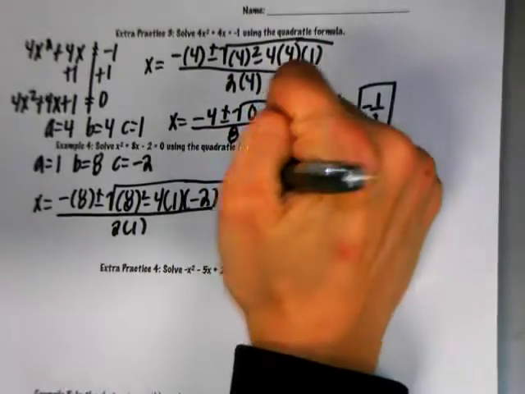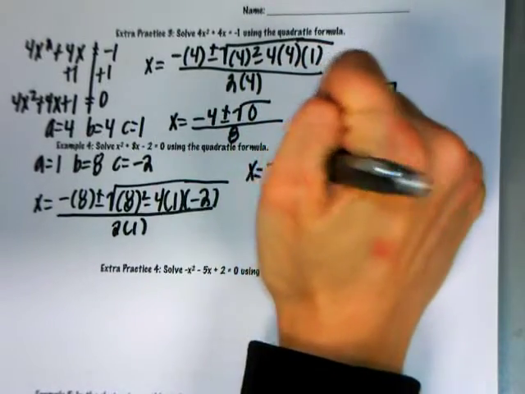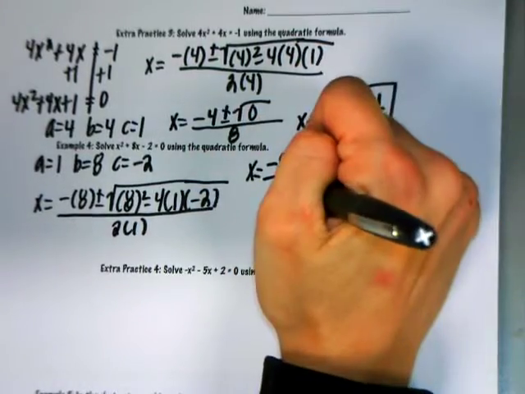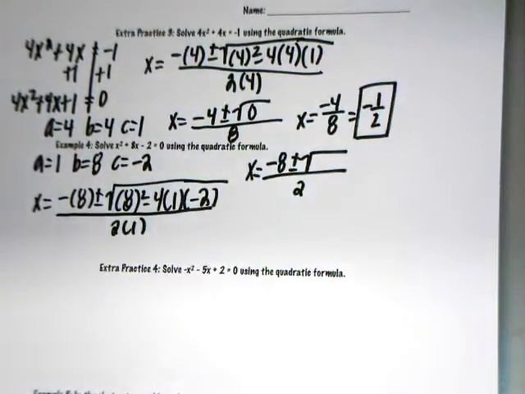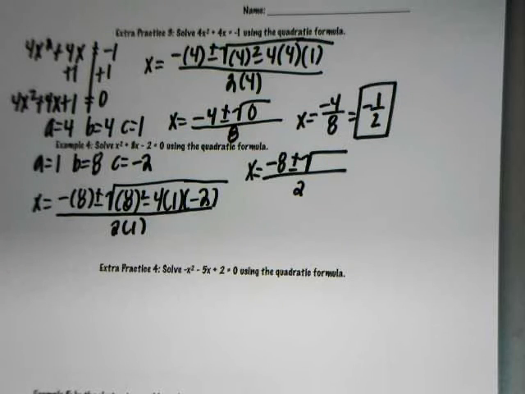So x equals negative 8 plus or minus radical over 2. Let's figure out what that radical is.